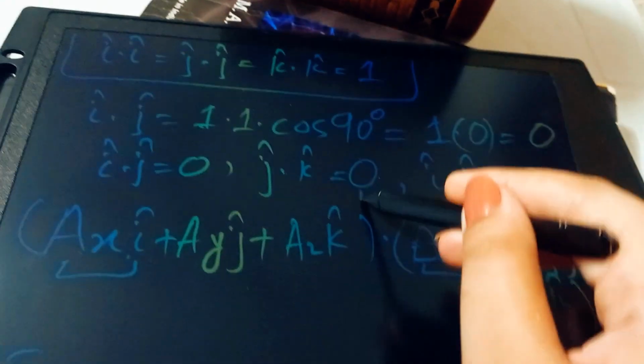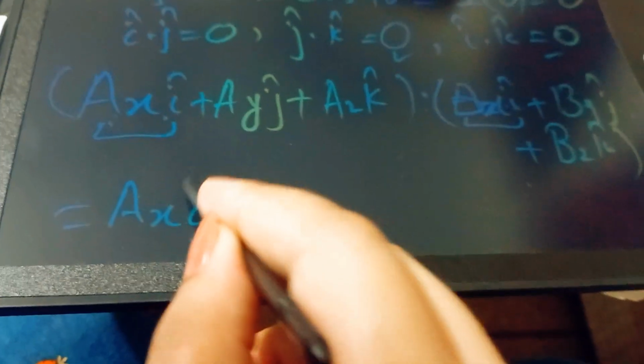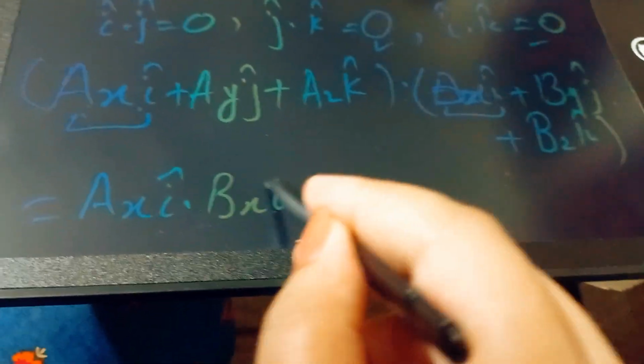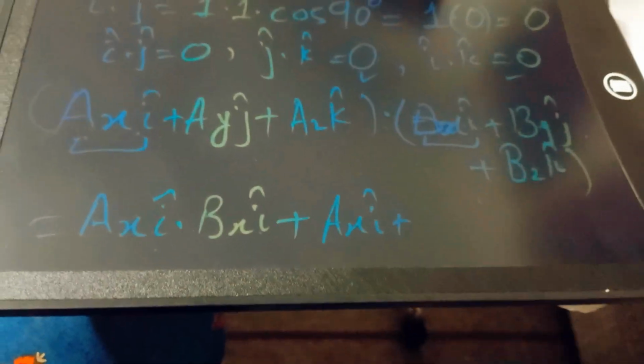Okay, for this reason, let me write it. You will multiply ax i hat with all of these, so it's ax i hat dot with bx i hat, then plus ax i hat, the same way as we multiply in normal algebra.